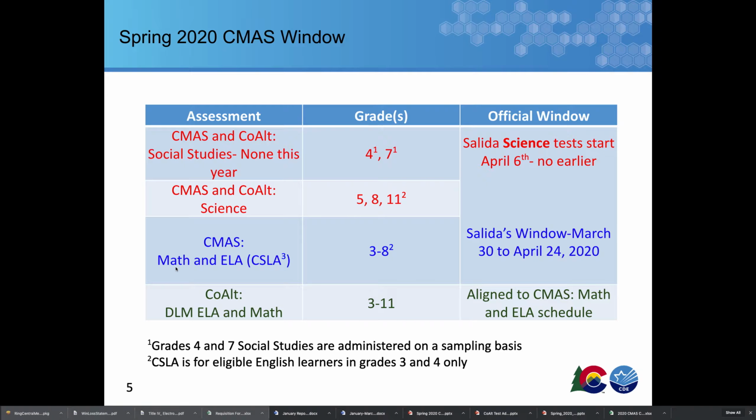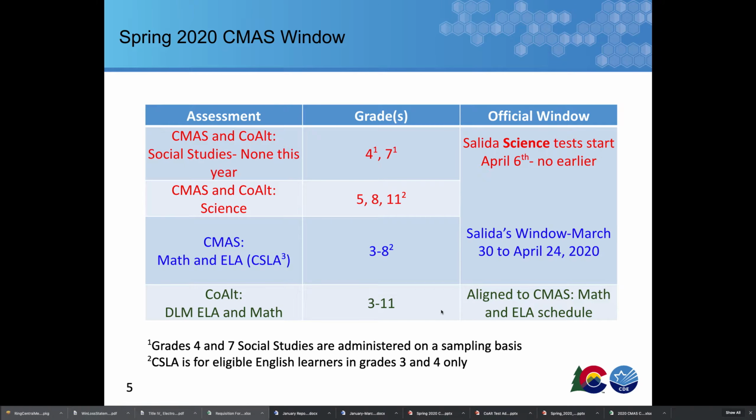The CMAS math and ELA test, and there's also a Spanish ELA test for students who are first year in the United States in grades 3 and 4. We call that the CSLA. And that test can start as early as March 30th, but all tests must end, even makeup sessions, by April 24th, 2020.